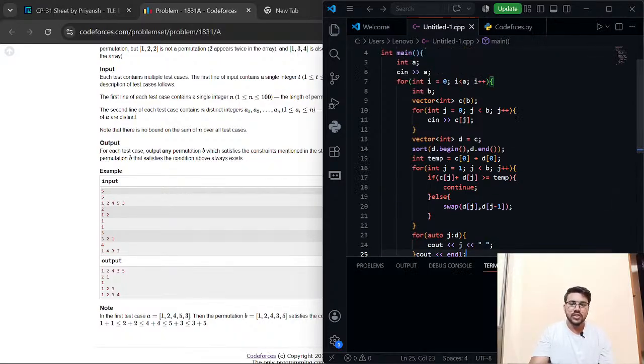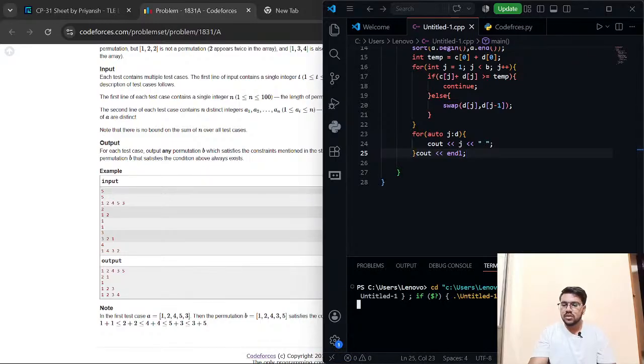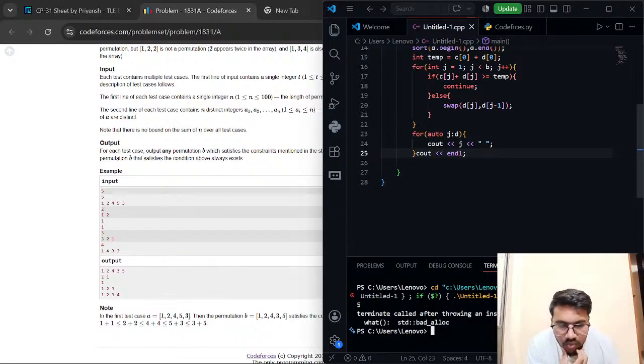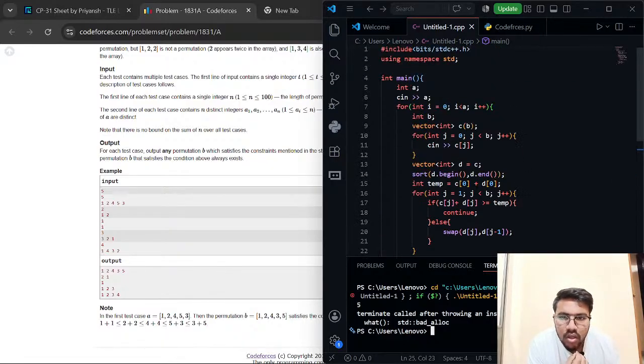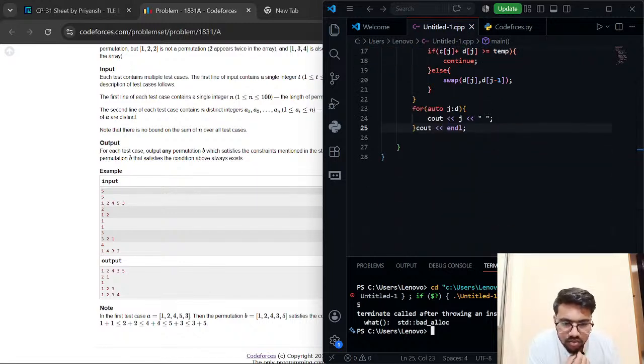First, I will check what it's giving as output. What mistake did I do?